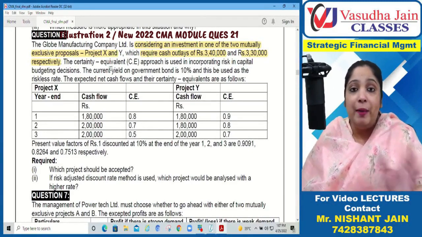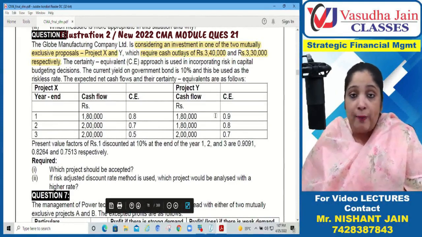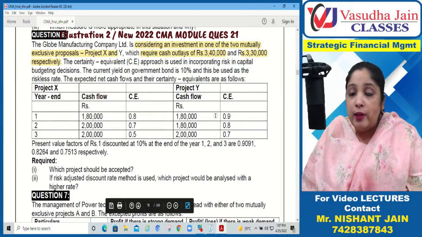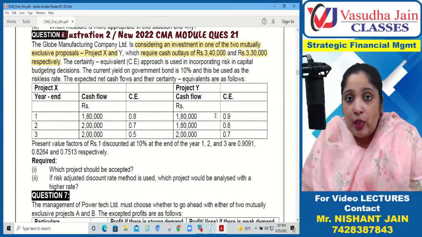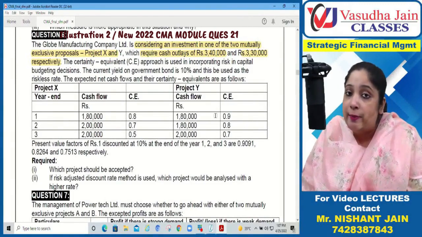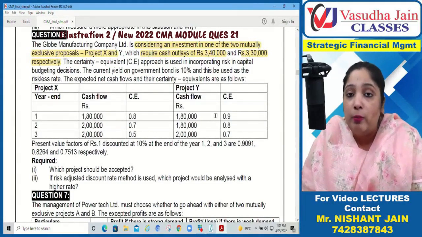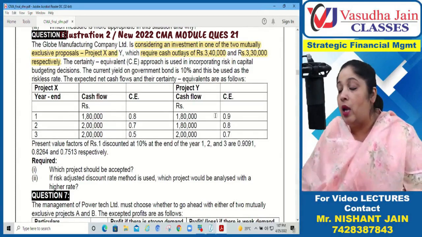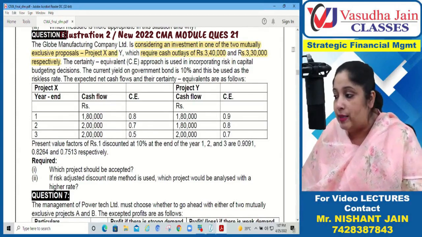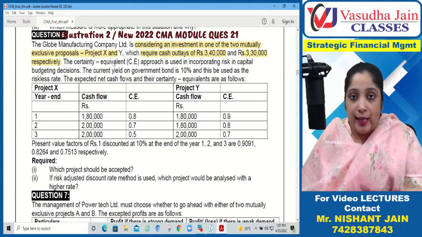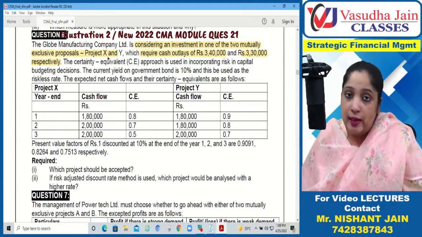So they are not independent projects. If it is written independent projects, it implies that both can be accepted. But if it is written mutually exclusive, only one project will be accepted and the other will automatically be rejected. Anyway, we have to evaluate separately and then see in which project we can invest.